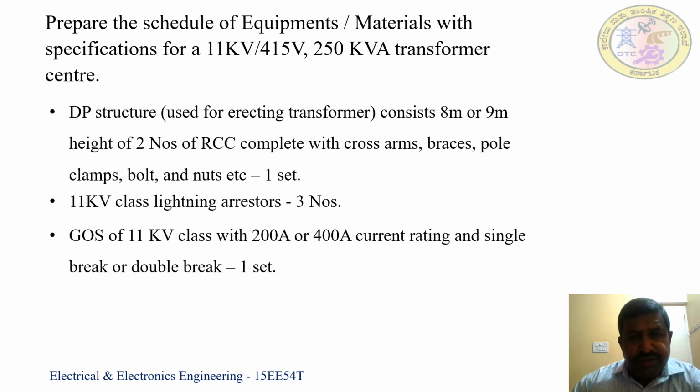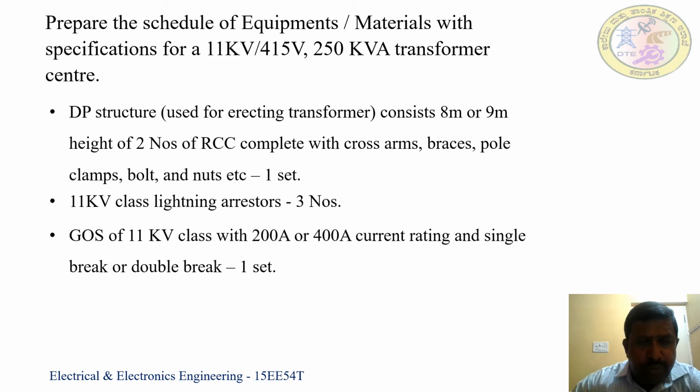Now let us consider the second problem. Here, prepare the schedule of equipments or materials with specifications for a 11 kV to 415 volts 50 kVA transformer center. So the first material, double pole structure, that is 2 numbers of RCC type poles.